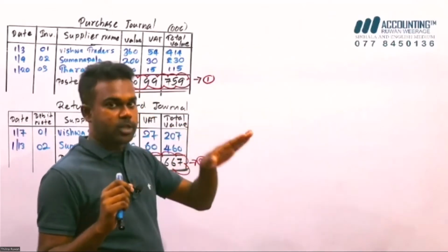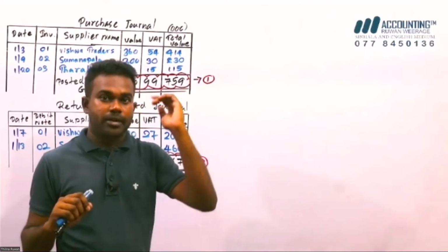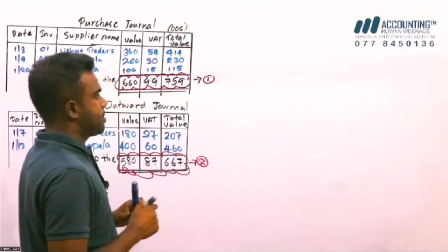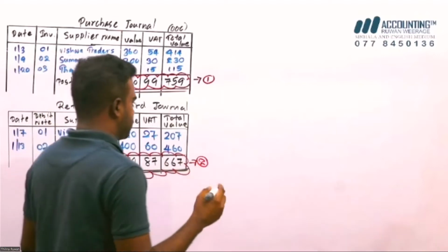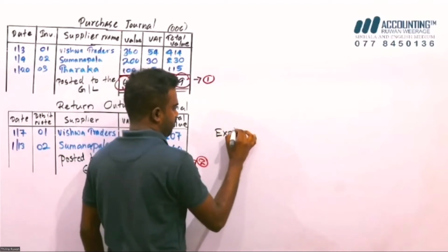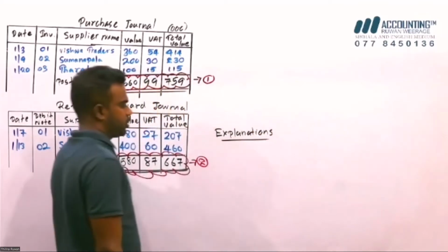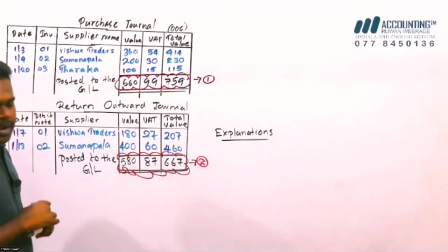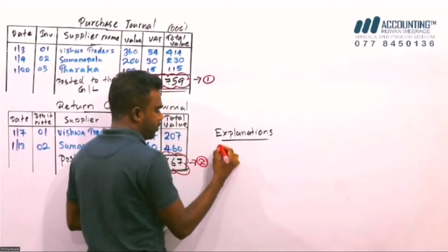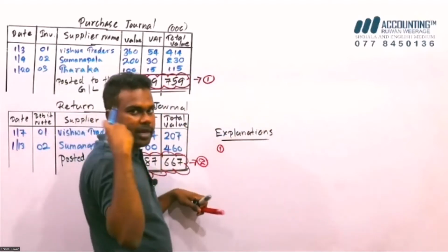After that, keep one empty page, and starting from the next page, write down the explanations. Write down number 1 in red color pen. The totals should be posted to the general ledger according to double entry theory.